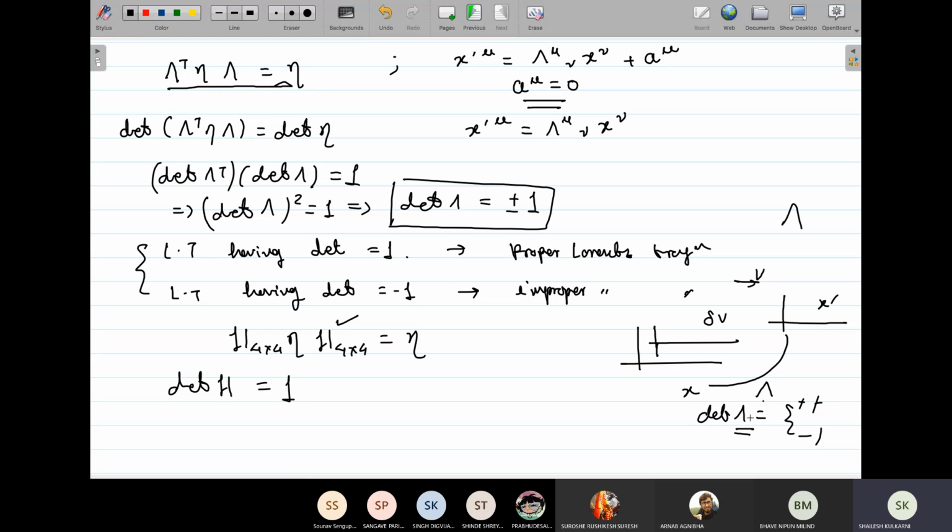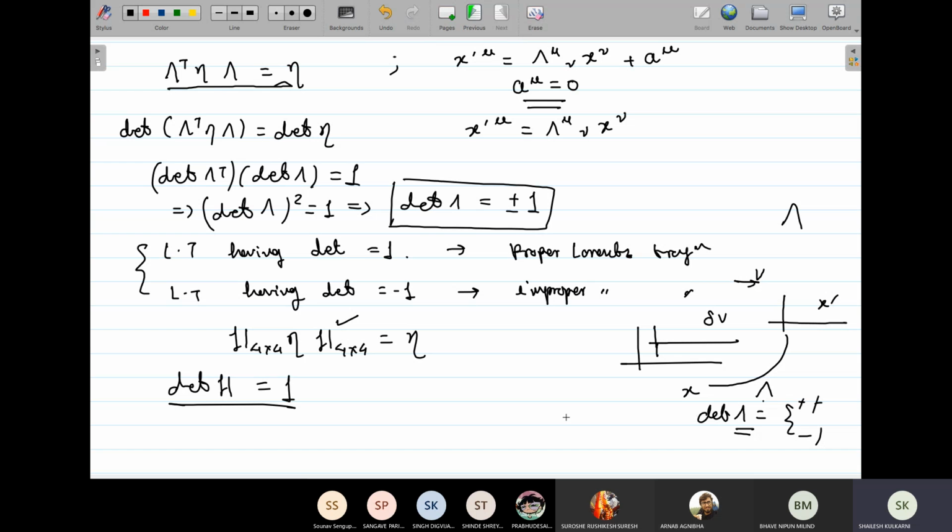It means that by slowly reversing the Lorentz transformation, I should get my original frame. But the original frame is the identity Lorentz transformation. But if I start from this and continuously reverse the Lorentz transformation, I will get minus identity. Right?